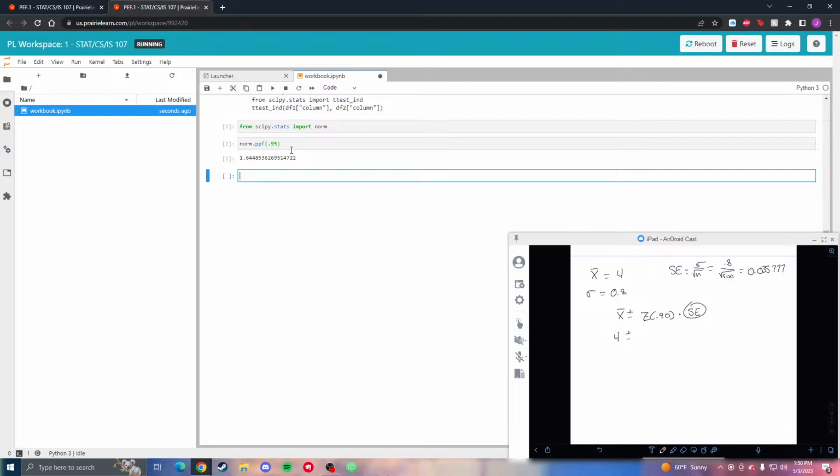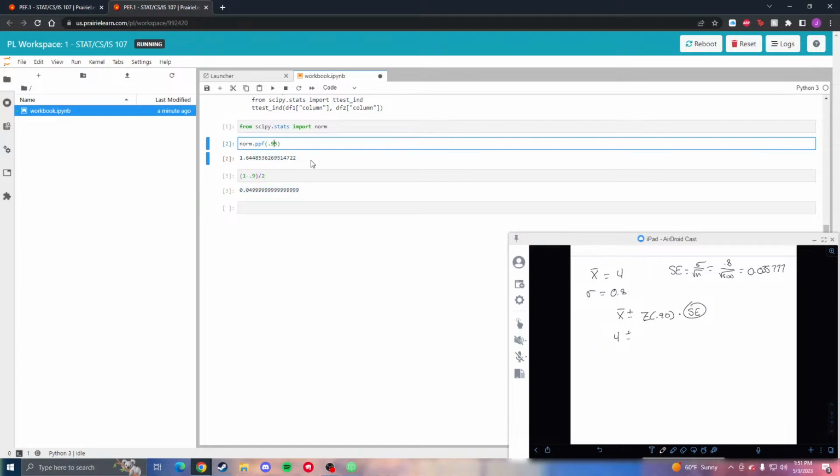The way you get that 0.95 instead of 0.90 is you do 1 minus your confidence level, so 0.9, divide that by 2, which is where you get that 0.05 from, and then you add that onto your 0.9. It's kind of a weird thing to think about, but that's why it's going to be 0.95.